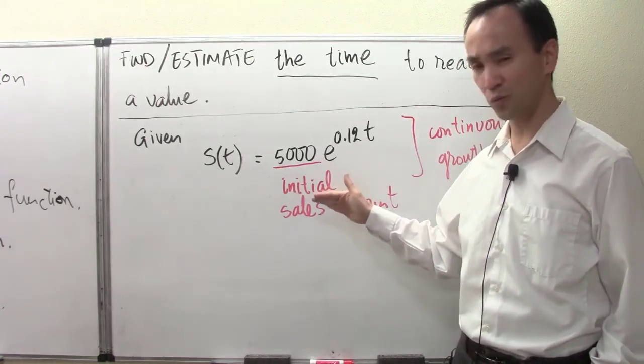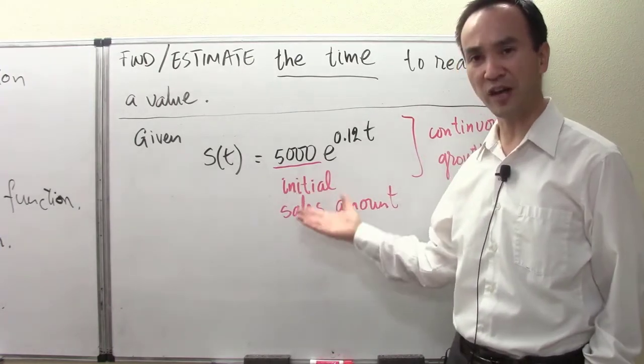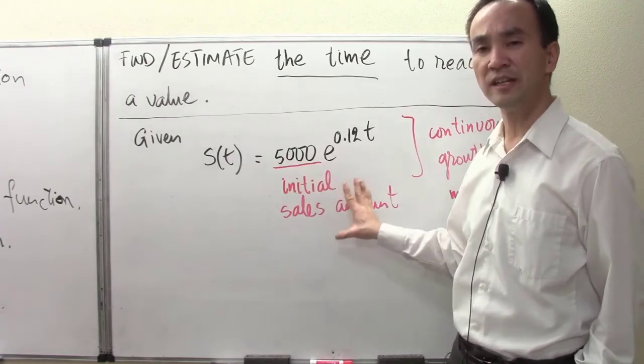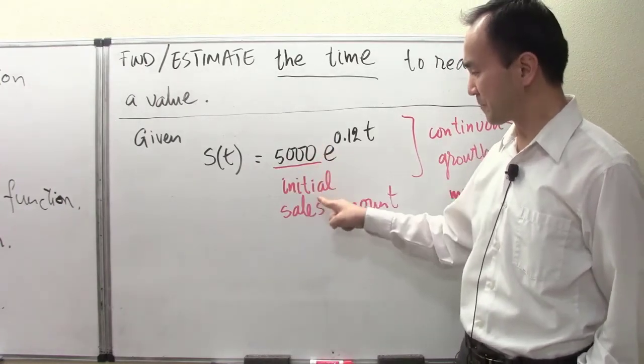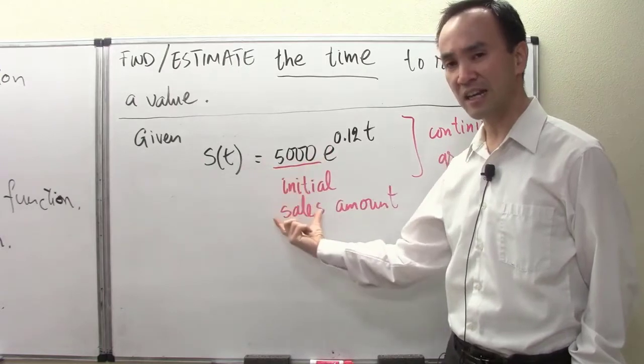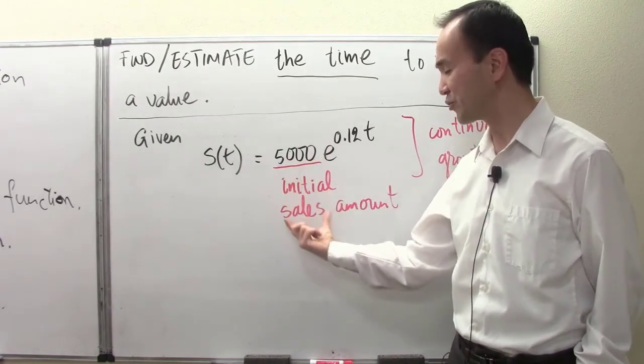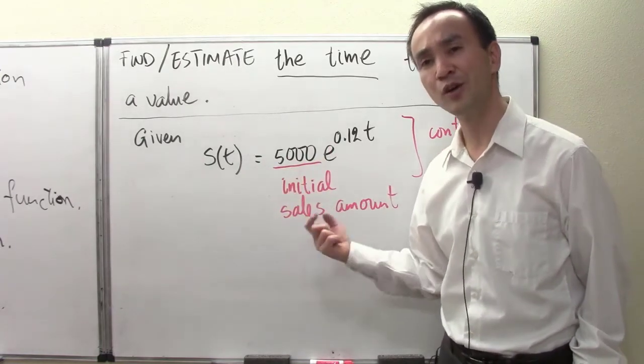And now this is where it's beneficial that we identified a couple of pieces of information from this equation earlier. This 5,000 that I underlined right here is called the initial sales amount, or the initial sales quantity.